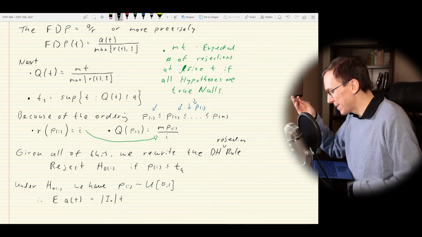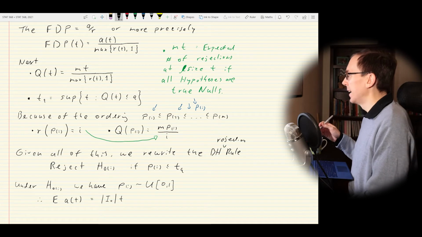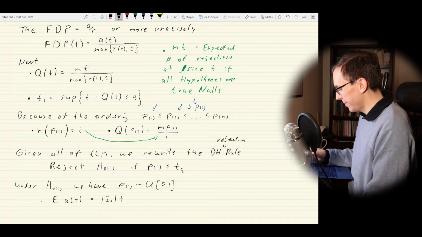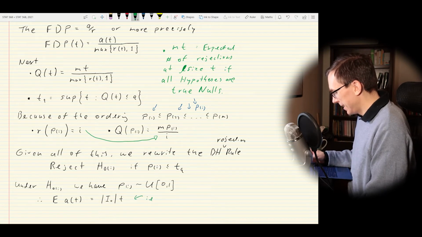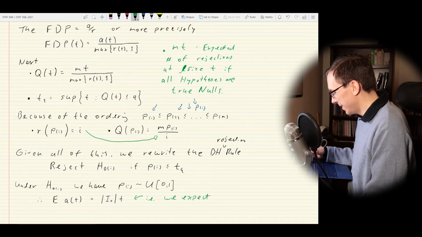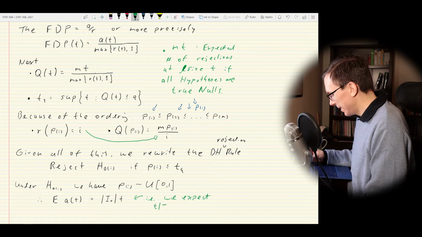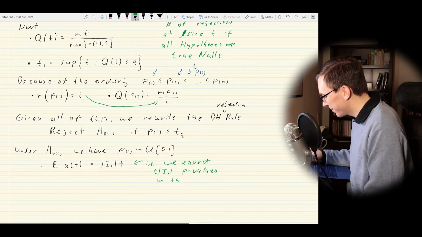It's T times the total number, i.e., we expect that many p-values in the interval 0 to T.